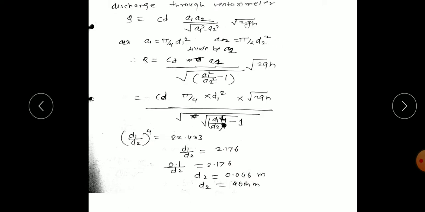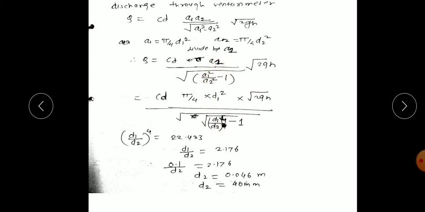Now Q is equal to, as we know, CD A1 A2 upon root of A1 square minus A2 square, into root of 2GH. Here A1 is known but A2 is unknown. So dividing this equation by A2, we get CD A1 upon root of (A1 by A2) square minus 1, as A2 is cancelled. Now for A1 square, the area square, the diameter D1 raised to 4 and D2 raised to 4 will be there.